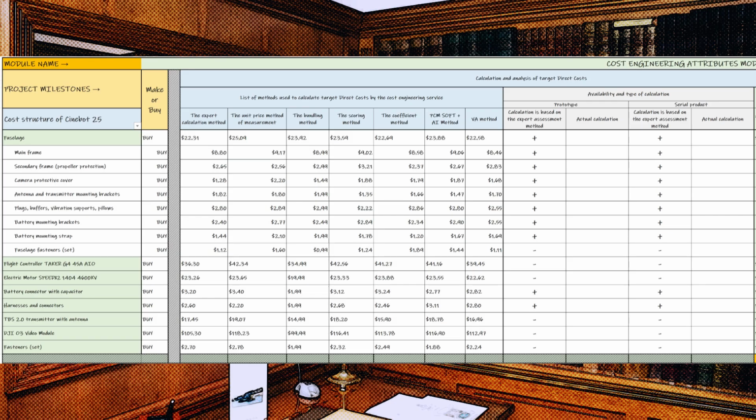Looking ahead a bit at the list of criteria, we know that in accordance with the formulation of criterion 11, this module includes not only the BOM operating field with direct costs, but also the full structure of the drone sales price, borrowed from the basic design calculation, which is located below the main BOM field.